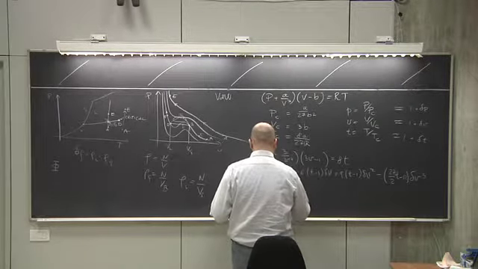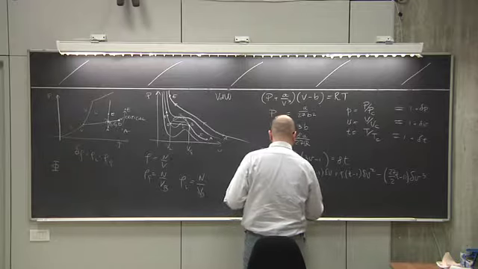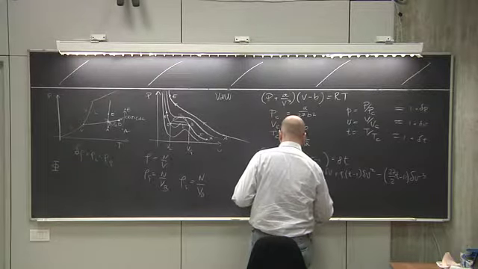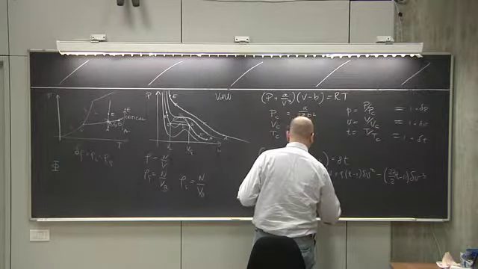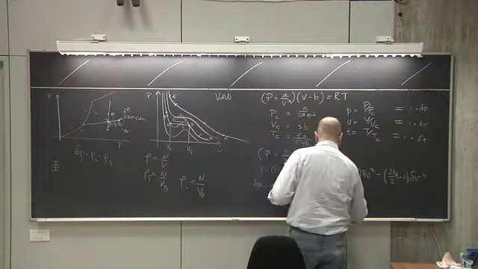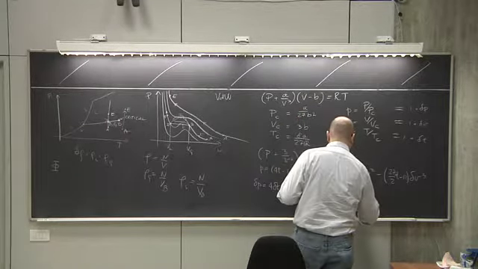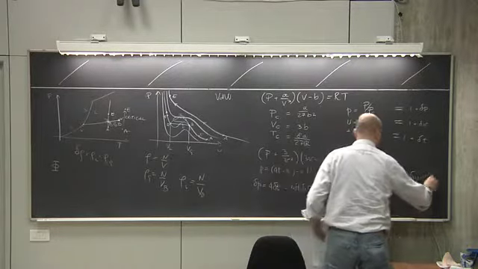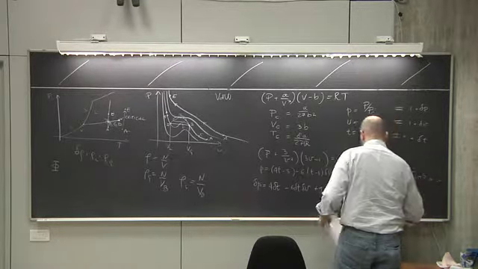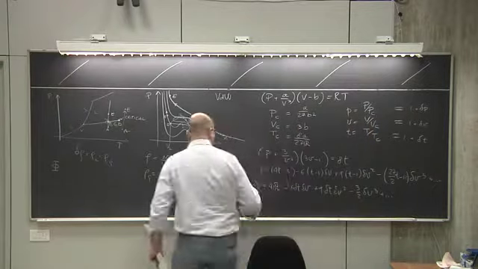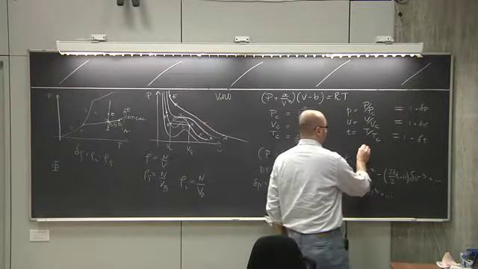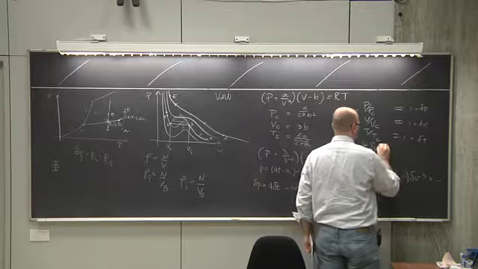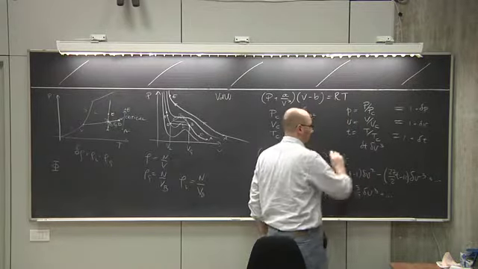So this is 4 delta t minus 6 delta t delta v plus 9 delta t delta v squared minus 3 half delta v cubed plus and so on. Here I'm neglecting order delta t delta v cubed. I'm neglecting it.